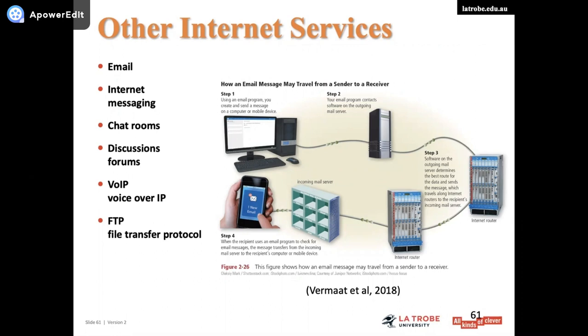There are many existing internet services, so I won't go through these services one by one. You can look at them yourself and see which one you use the most over time. That's all for today's lecture.